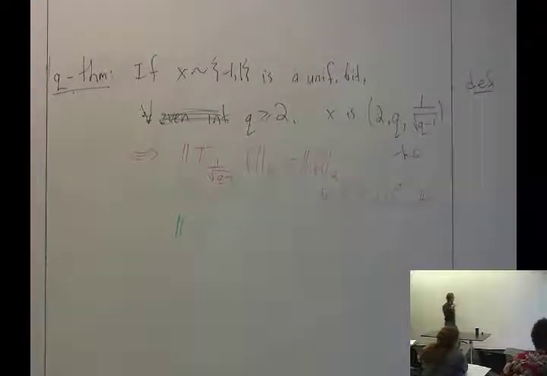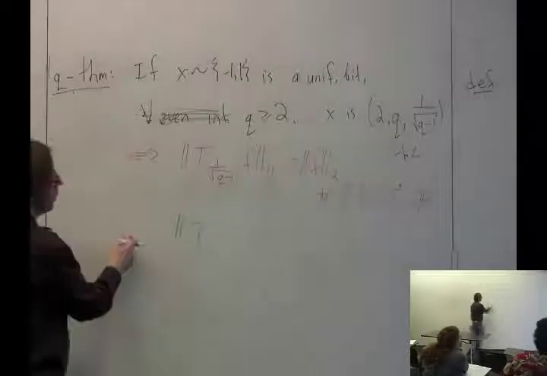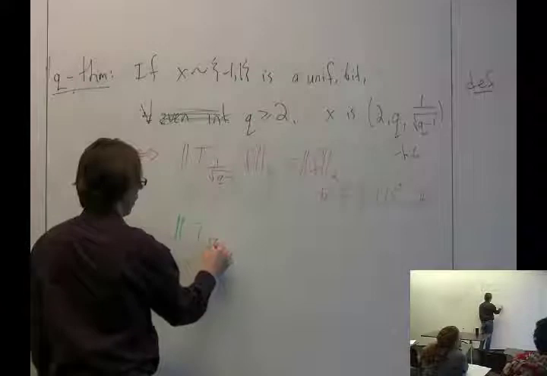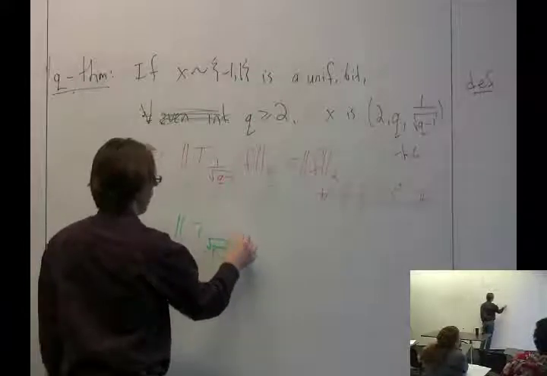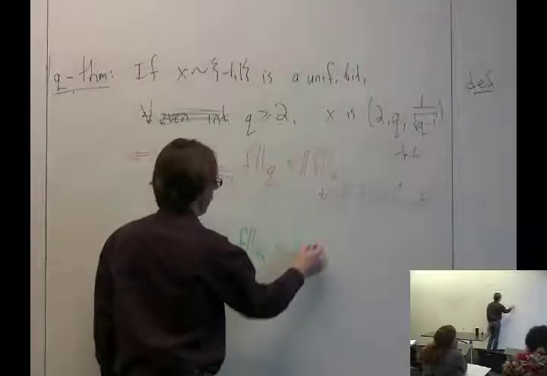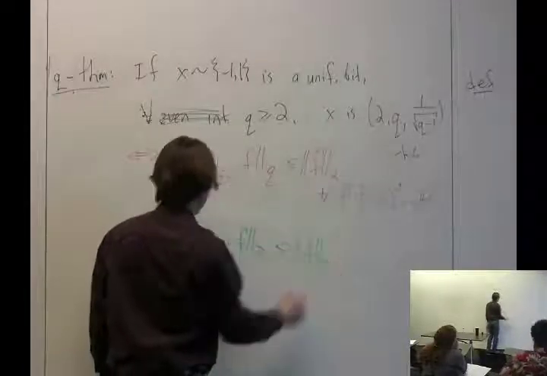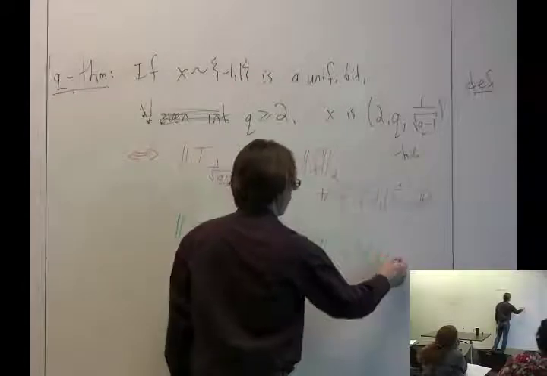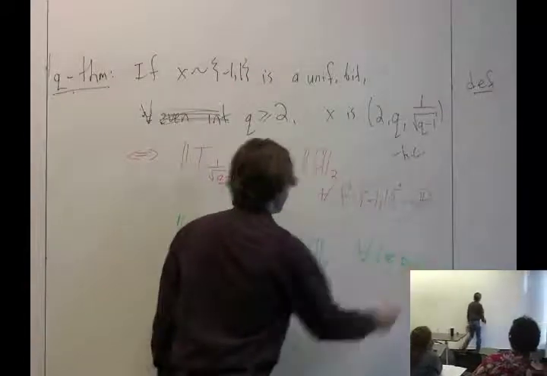Maybe you don't remember, but it was a simple trick. You could do the same trick, and you'll get something that looks like this: root p minus 1 times the 2-norm of T f is at most the p-norm of f. And this would be for all p between 1 and 2.